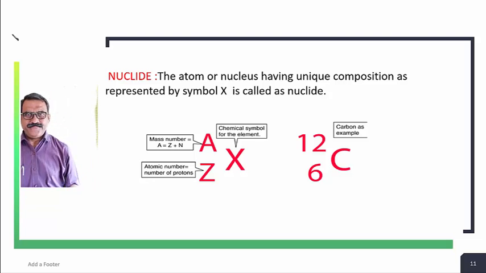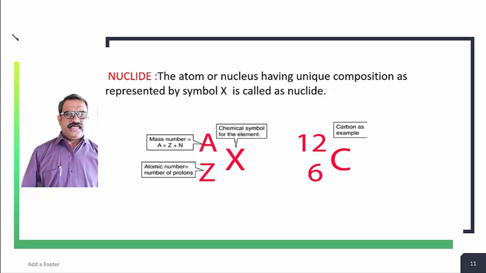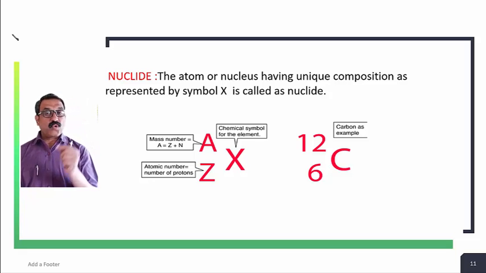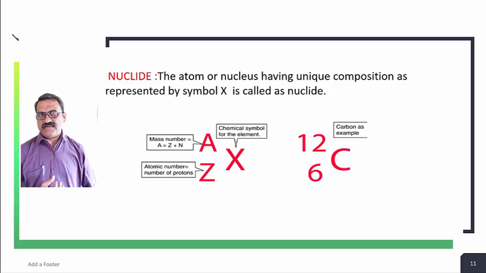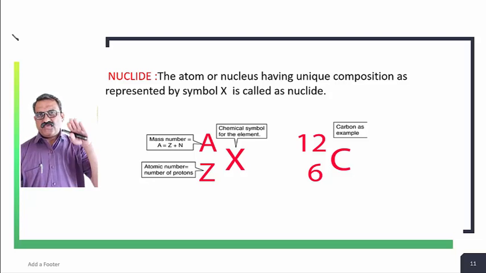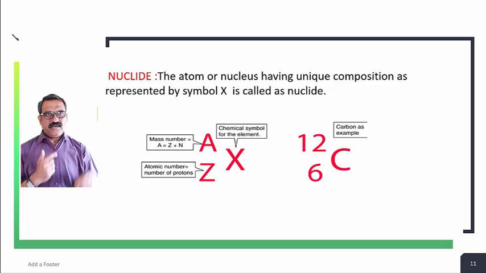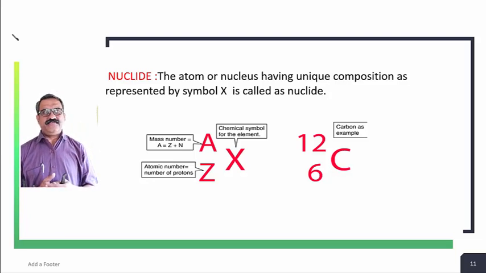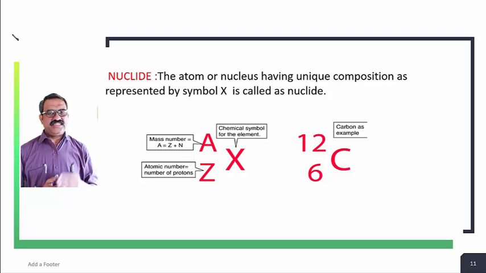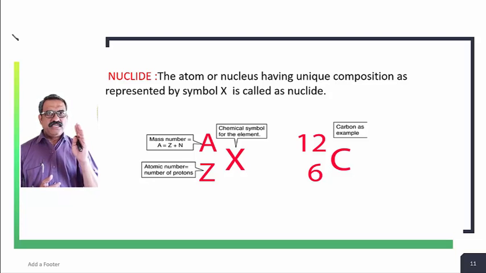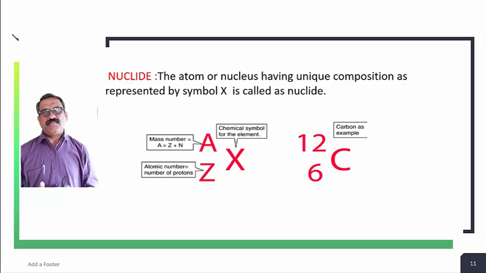For example, there is a nuclide of carbon, capital C, that is the symbol for carbon. The value 6, which is represented at the bottom toward the left-hand side, is nothing but the atomic number of a carbon atom.